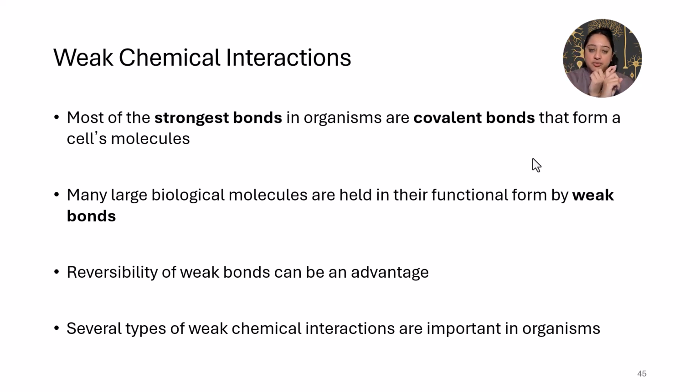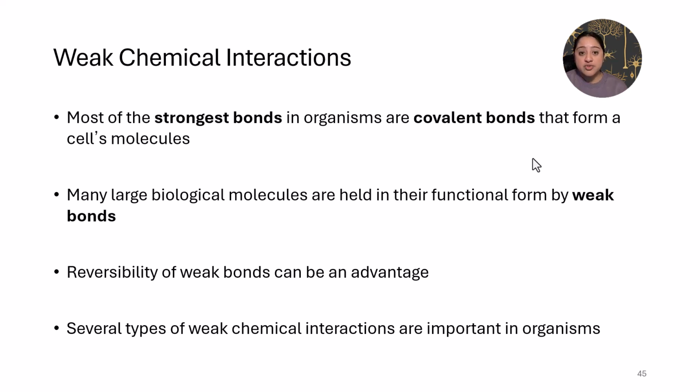That's really helpful because there are certain times where the cell needs to unravel the DNA and split it like a zipper. You don't want it to be too strong. It's helpful to have a weak bond because you can do that and then redo it. So the reversibility of weak bonds can be a real advantage.